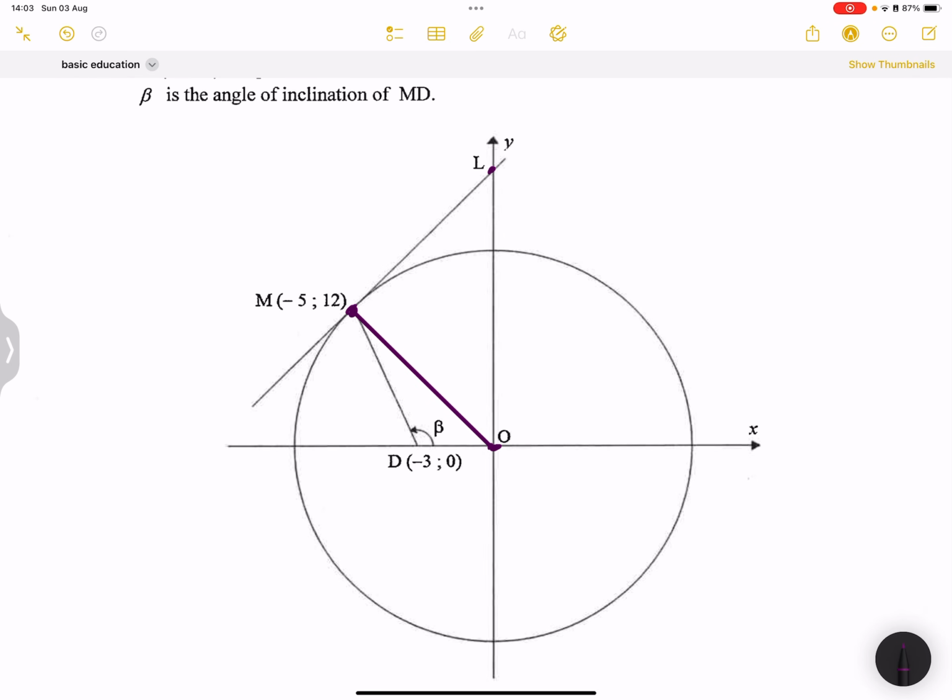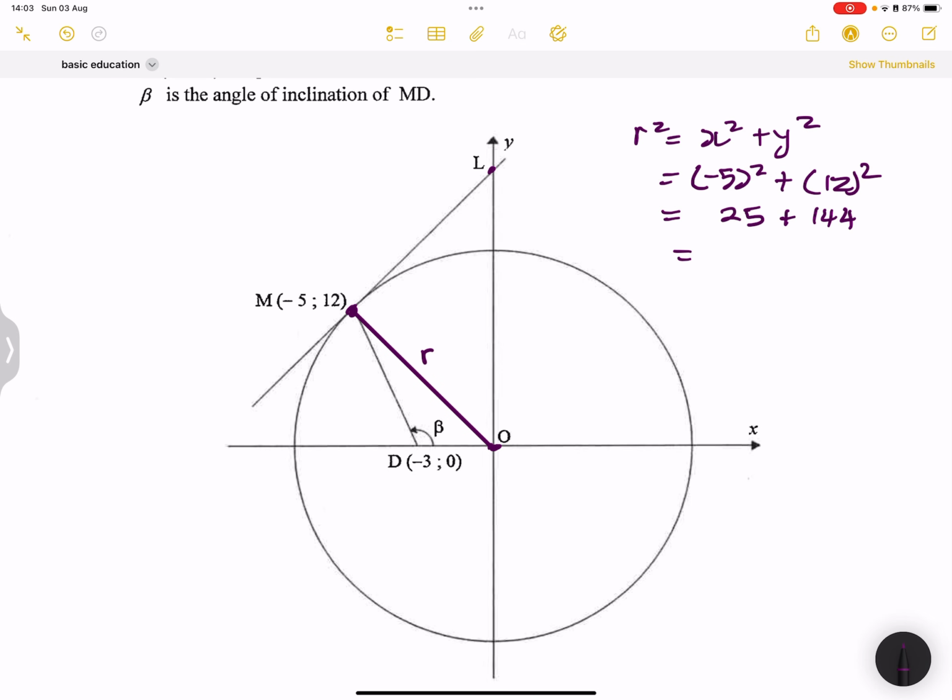So using Pythagoras, r squared is equal to x squared plus y squared. The x value is -5 squared, the y value is 12 squared. This gives us 25 plus 144, and that's going to be 169.